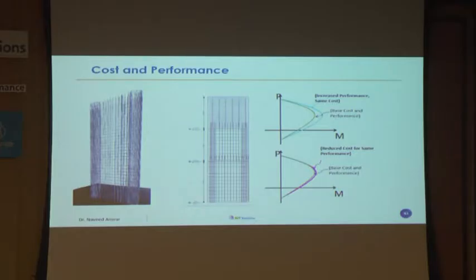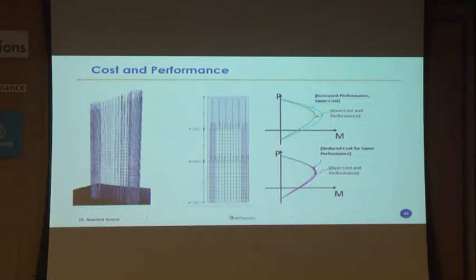We need to maybe spend a little bit more time or a little bit different way of calculating, but we can increase the performance for the same reinforcement quantity, or we can reduce the reinforcement for the same performance. So either way it can be done. So this is an example where detailing or technology or attention to these kinds of things can actually enhance the performance. This is exactly what we are talking about in terms of performance-based design.